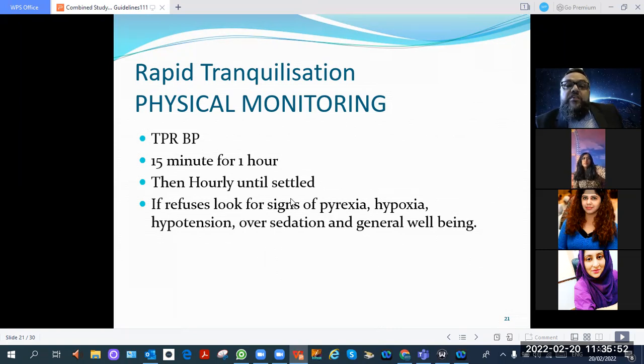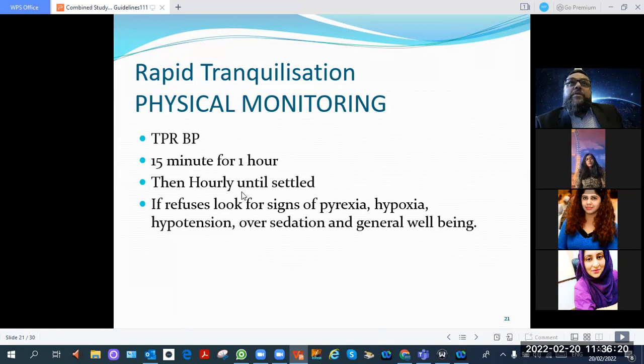Every 15 minutes for 1 hour. So for the first hour, if you have put the patient in seclusion, or restrained the patient, or given rapid tranquilization, which we are talking about today, you have to do it every 15 minutes for 1 hour, and then hourly until the patient is settled.